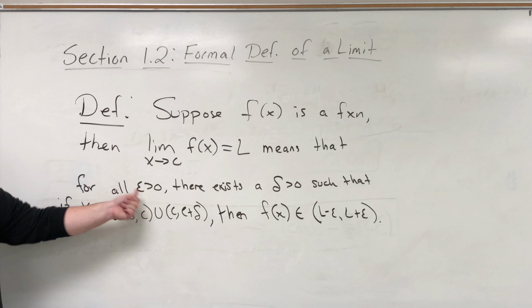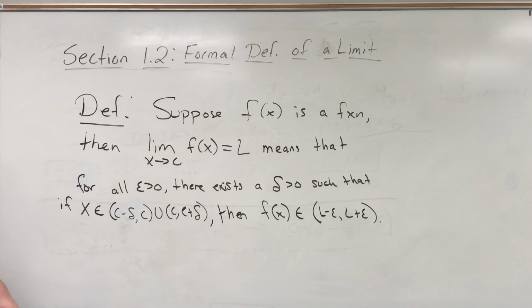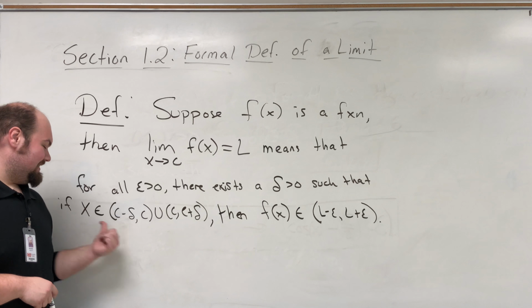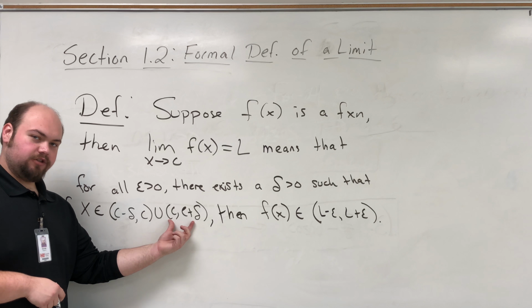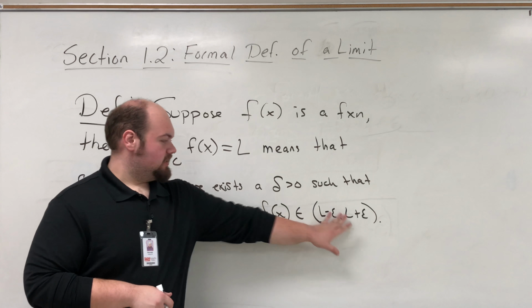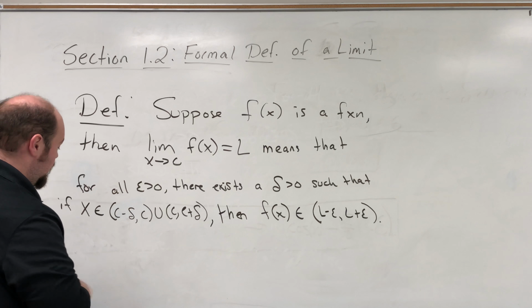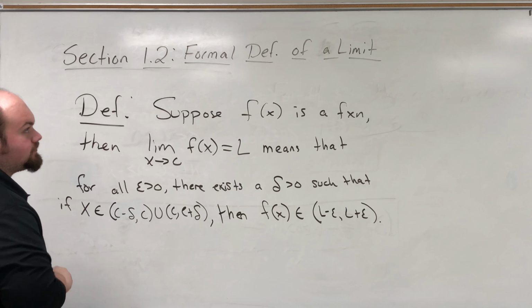So we have, for any epsilon that we choose, there must be a delta greater than 0 such that all your x values are on this punctured delta interval around c, and your function values must be within this epsilon interval around the limit value.